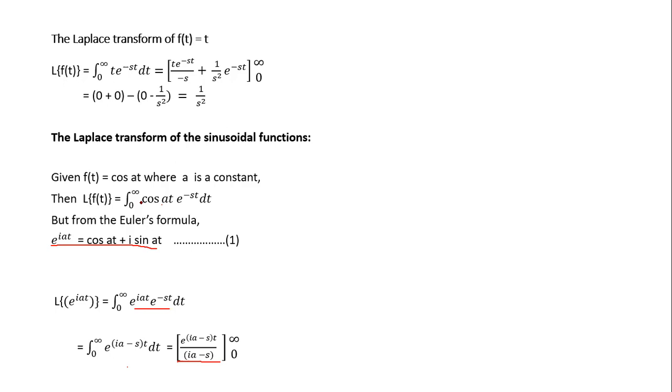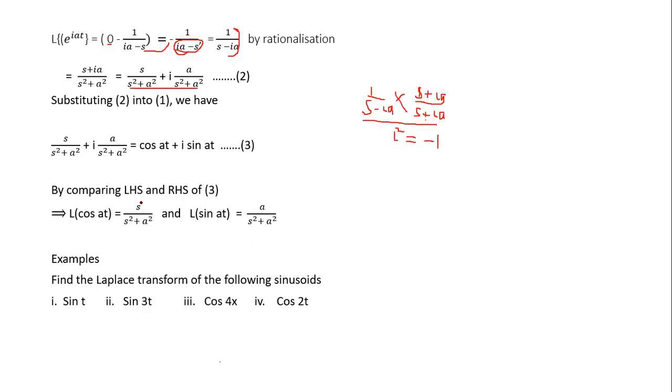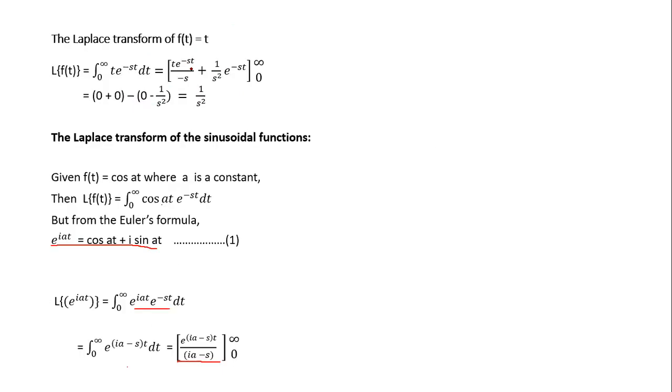So when you compare this one to what we have just gotten in equation 2, we can see that now we have a portion with that i, and we have another term with i. So the one without that i, we can give that one to cos, and the one with i, we can give that one also to sin, because we are having exponential iat equal to cos at, no i here.